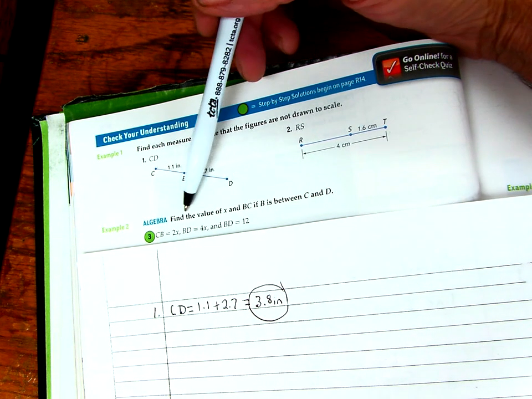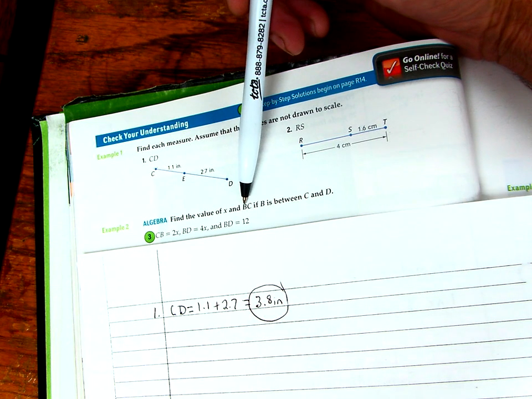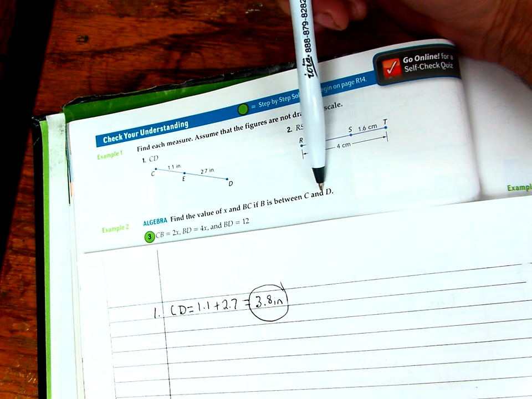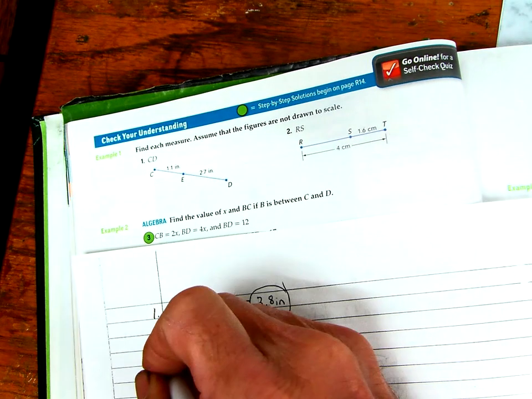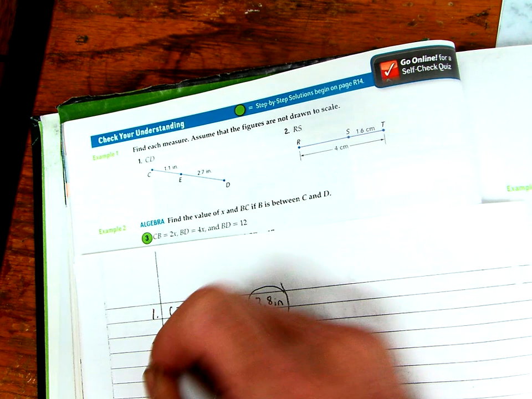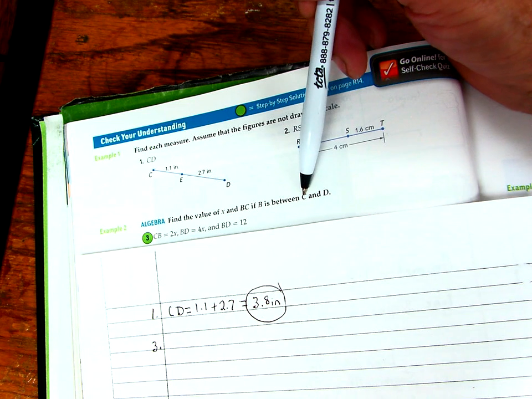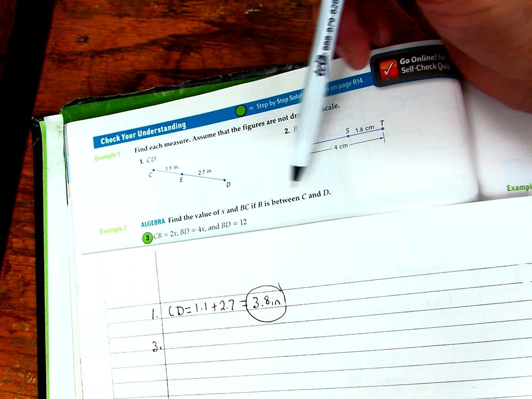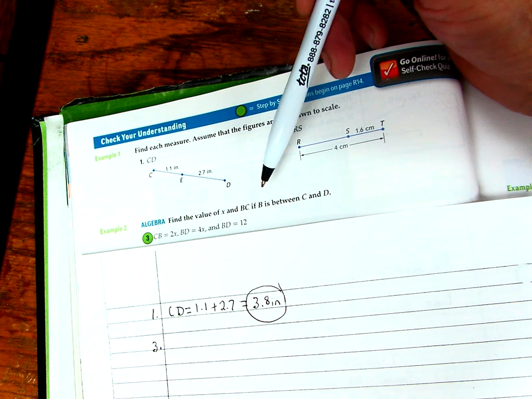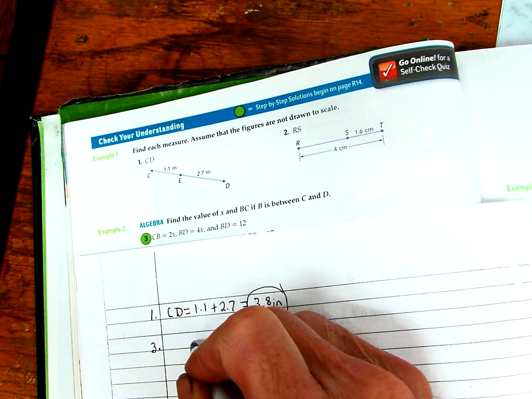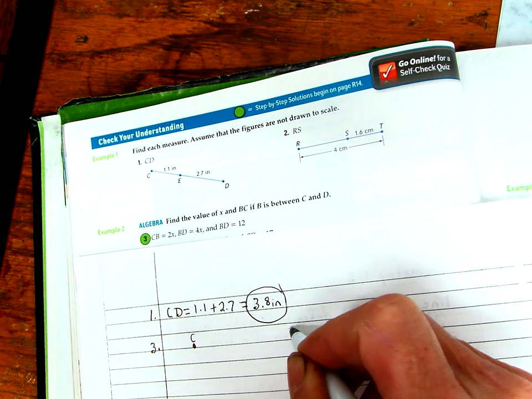Number 3, find the value of X and segment BC, or the distance from B to C, if B is between C and D. To help me, I'm going to draw a little picture here. So C is where I start, D is where I end, and B is somewhere in between.